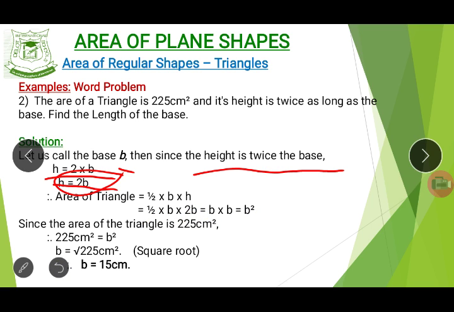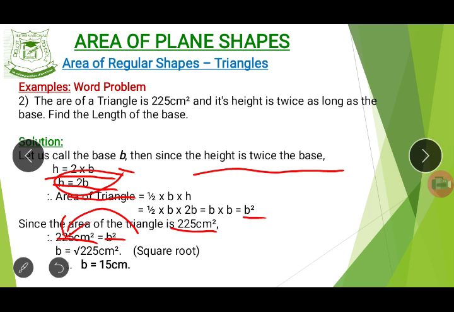Since the area of the triangle is 225, we put 225 centimeters squared equals b squared. So the square will cross to the other side and become a square root. The square root of 225 is 15.